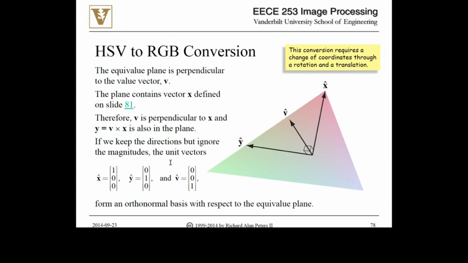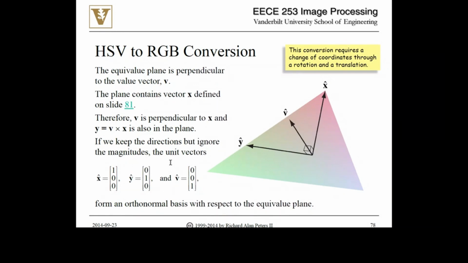So we have to find a suitable coordinate axis for an HSV color code. One of those is this one. In that coordinate system, we have the v vector, which goes in the direction 1, 1, 1.